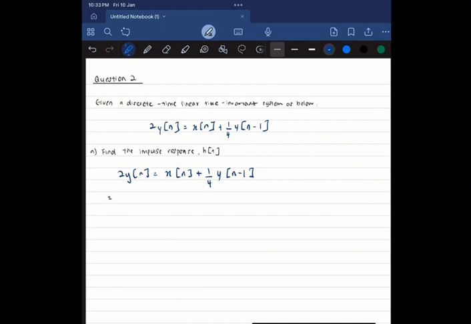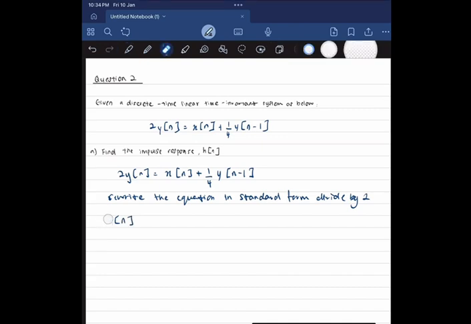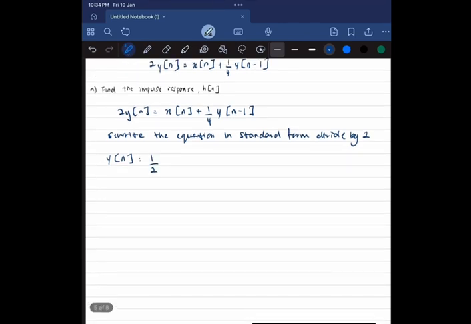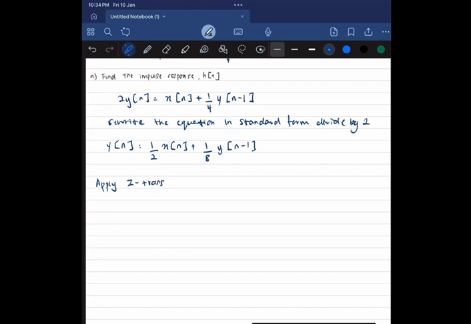So we divide all of them by 2, and then it gives us yn equals 1 over 2 xn plus 1 over 8 yn minus 1. After that, we apply a z transform to both sides, assuming the zero initial condition.